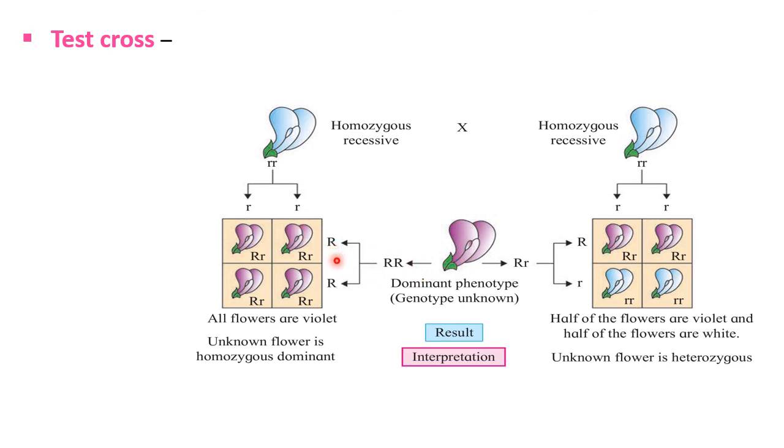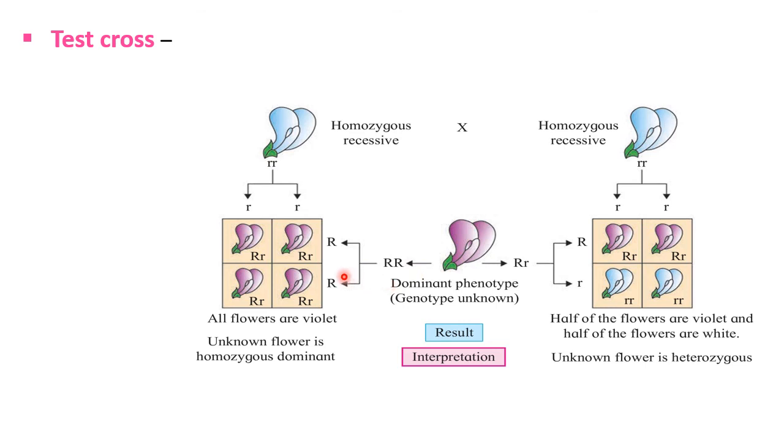Equal numbers of male and female gametes are produced. Here we see small r, and here is capital R, capital R. Then after their union, we get all the plants producing hybrid violet flowers. Hence, the genotype of this dominant parent is homozygous.